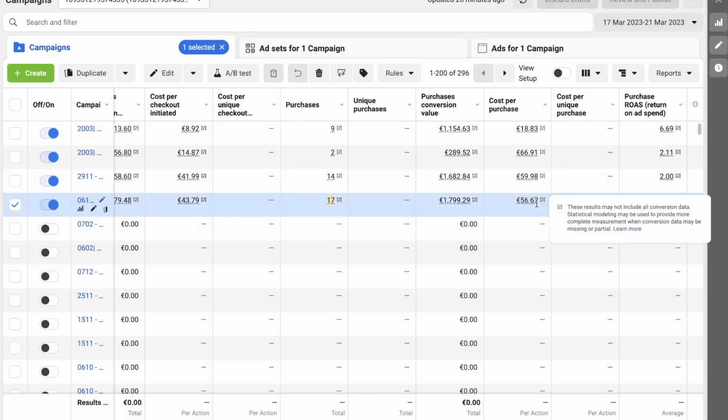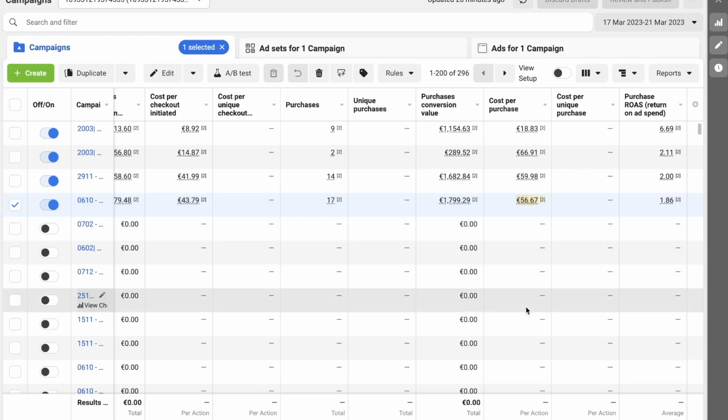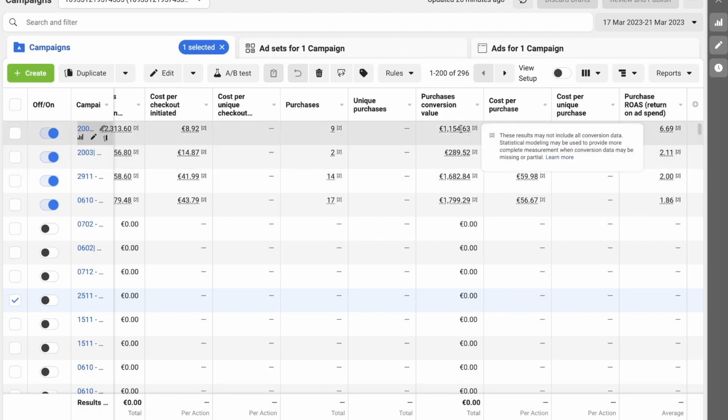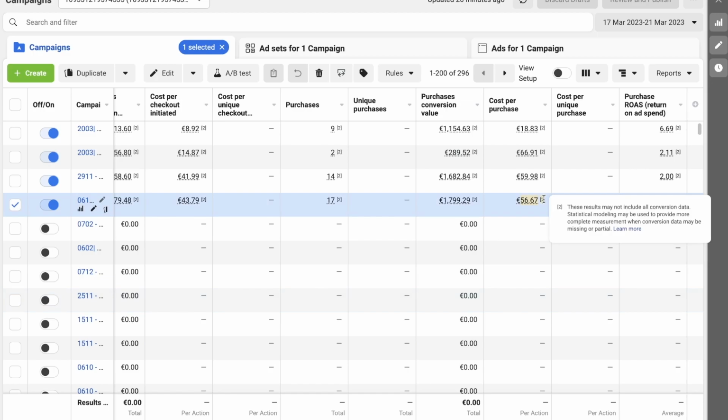And this is why we are called media buyers, because we are paying this money to Facebook to get one customer. And what's also shown, of course, is how much they are checking out with, how much value they actually purchase. Do I pay 56 euros so someone checks out with a 30 euro average basket?